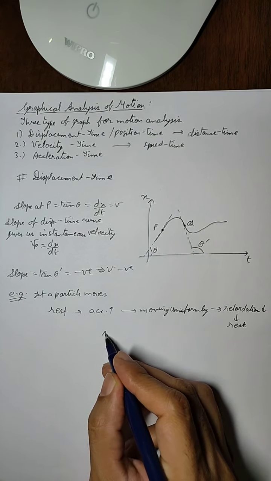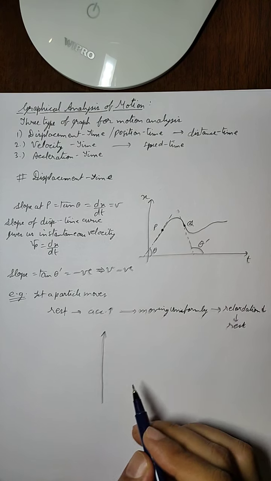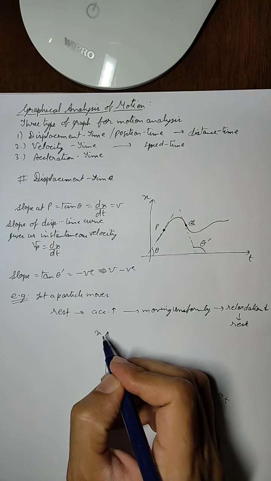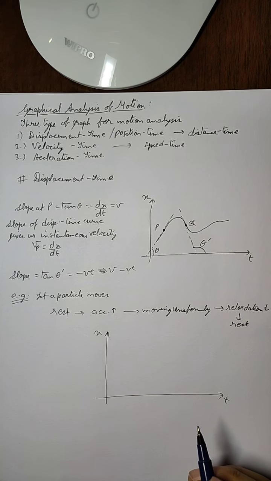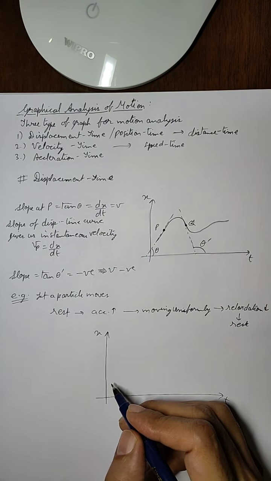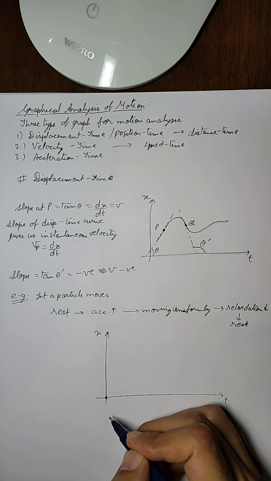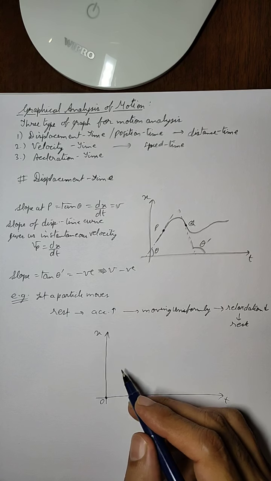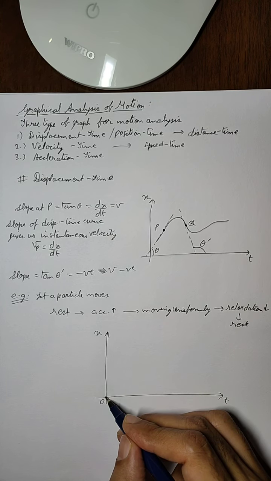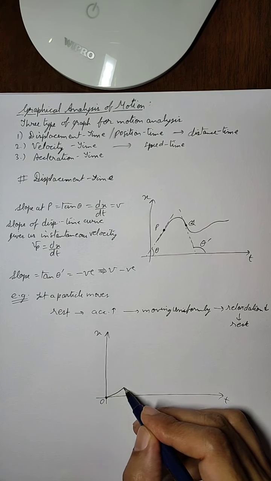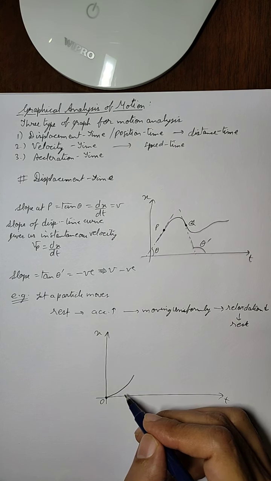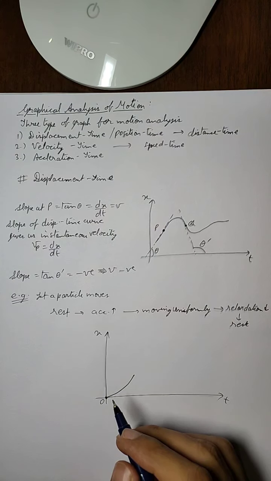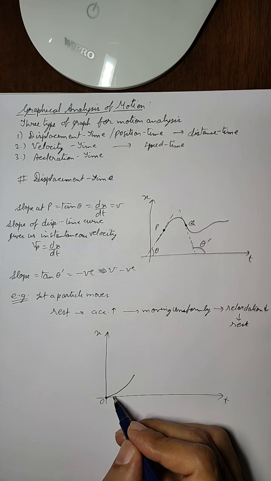Now if we make the displacement time graph of this particular example, first the body is starting from rest, so it will start from the origin, the 0 point, when t equals 0. Then it is accelerating, so the graph will go like this. This is the graph for acceleration. How do we know that this is the graph of acceleration?